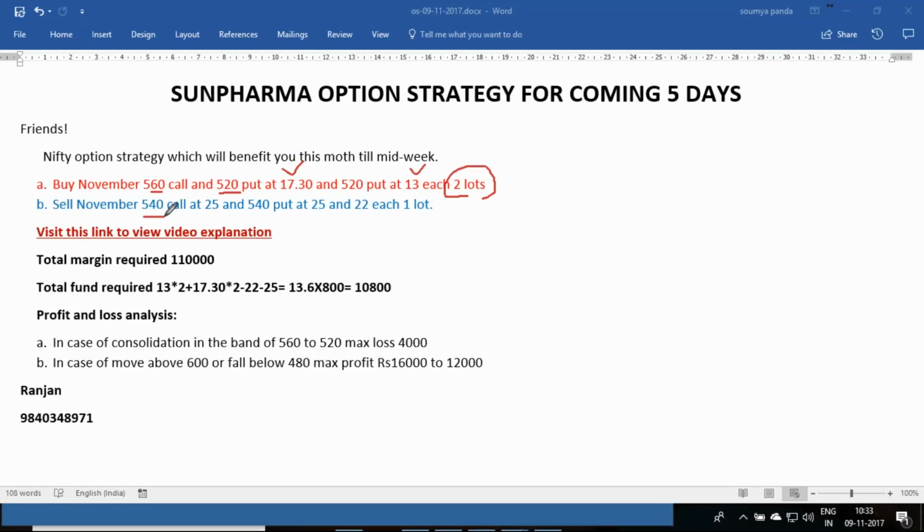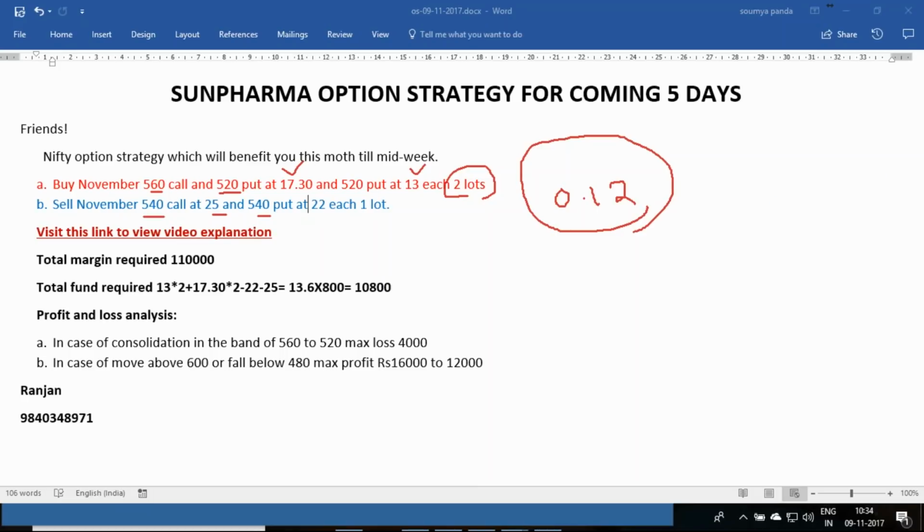At the same time we will be selling a 540 call option at 25 and a 540 put option at 22, one lot. By this process we make it delta neutral, and this strategy has a net delta of 0.12. So this is what we have brought in.